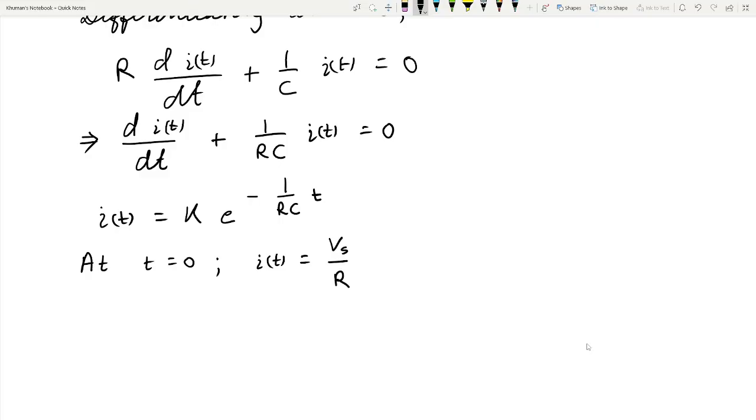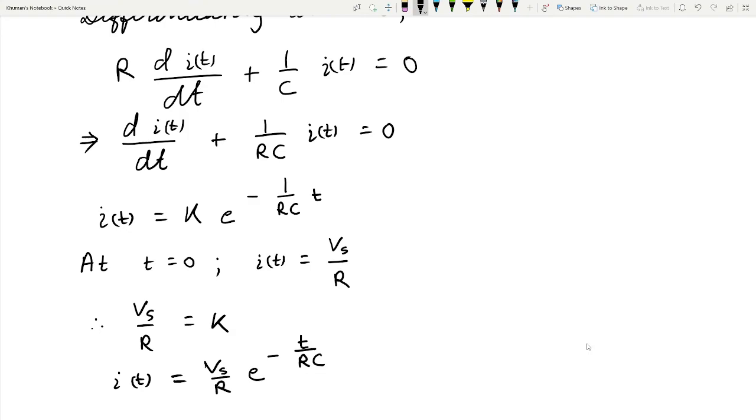Therefore Vs by R is equal to k. Now we can write i(t) equal to Vs by R e to the power minus t by RC.